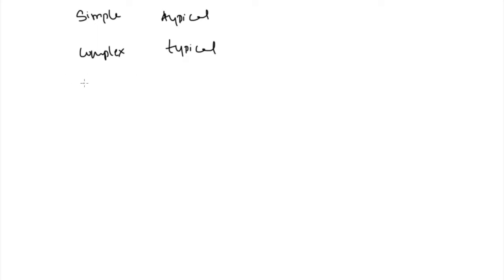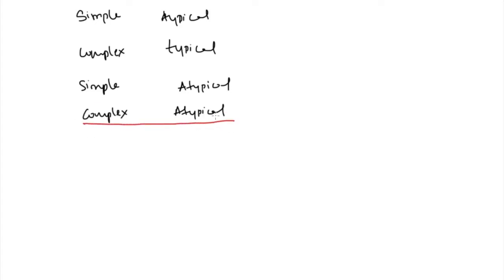The next combinations are simple with atypical and complex with atypical. There are some numbers that need to be remembered here. Obviously, from the list, complex atypical will have the greatest risk of converting into malignancy.